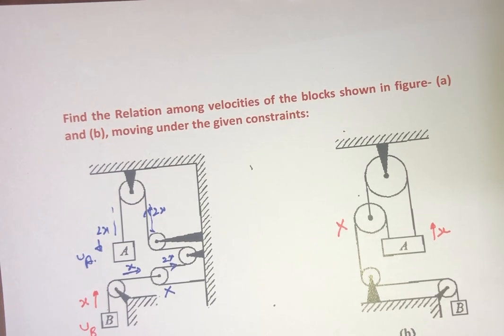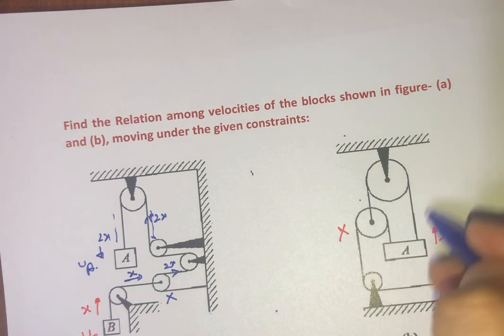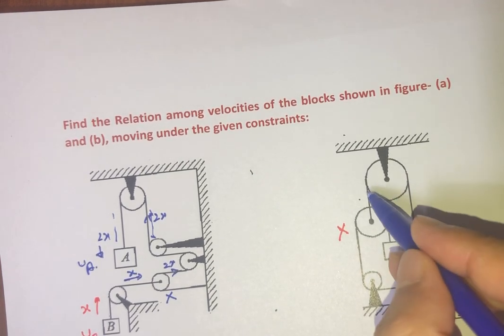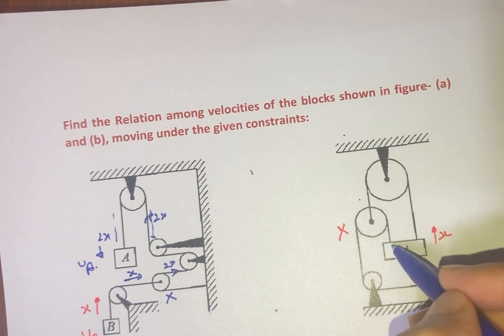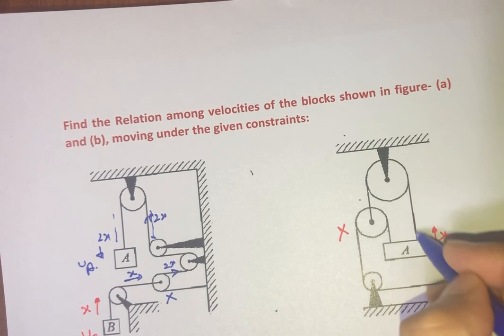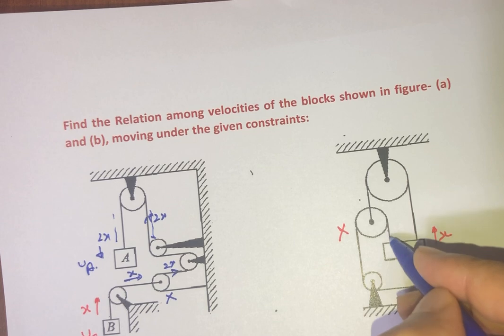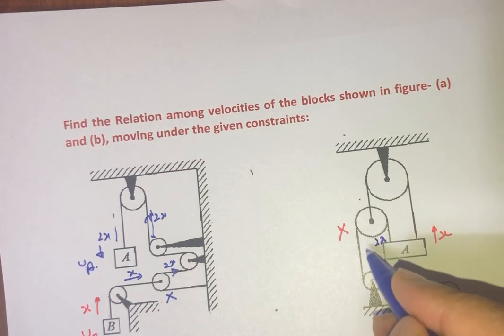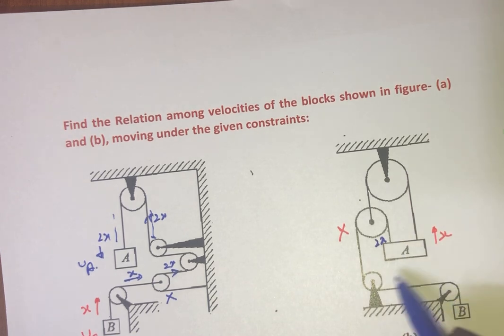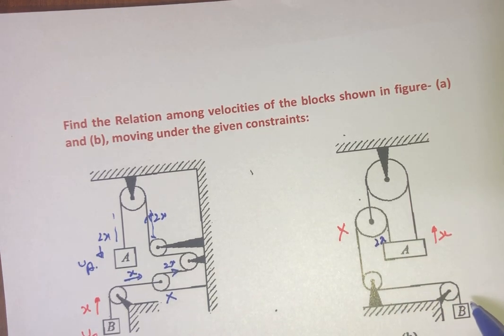So because of this connection at 2 points, what is going to happen? One extension or one slack will be x, and second slack will be 2x. So this slack will be only x, and this slack will be 2x. Okay, so total slack of B will be coming as 3x.